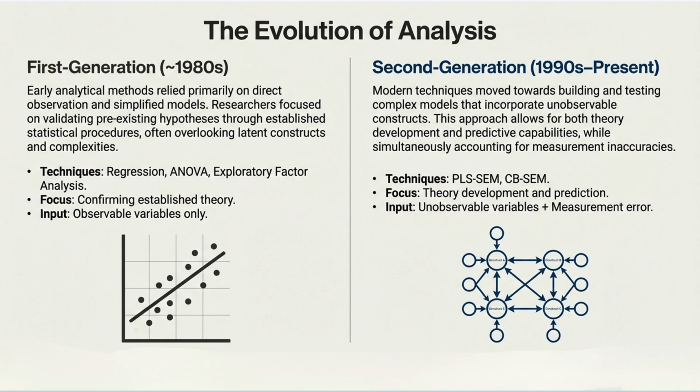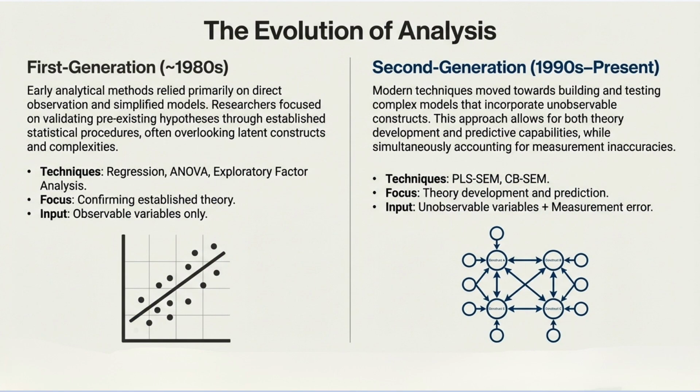The models were simple and usually looked at one relationship at a time. Some common techniques used during this period were regression, ANOVA, and exploratory factor analysis. These methods worked only with observable variables such as age, income, marks, or sales figures. Hidden concepts like satisfaction, attitude, or motivation were often ignored or oversimplified.